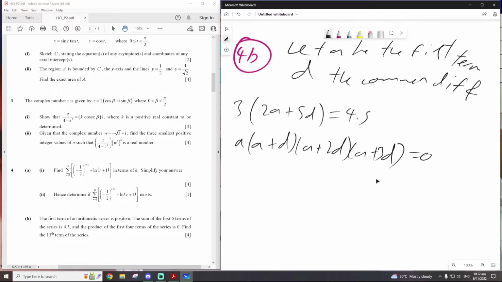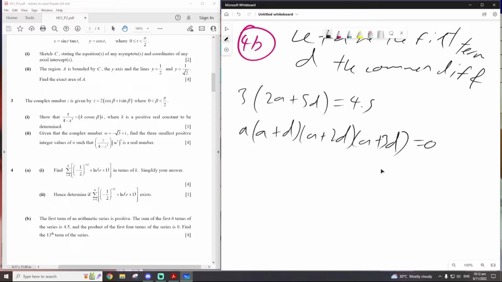And how can we find out which one it is going to be? Well, we can make a realization that it has to be the last one, because a has to be greater than 0. So let me see what I wrote here.